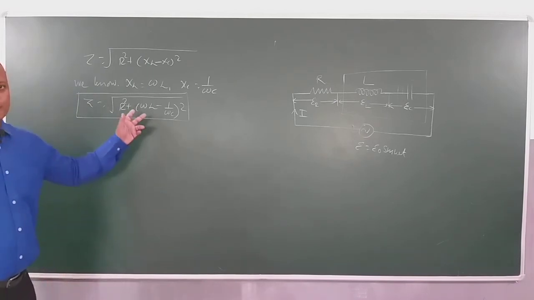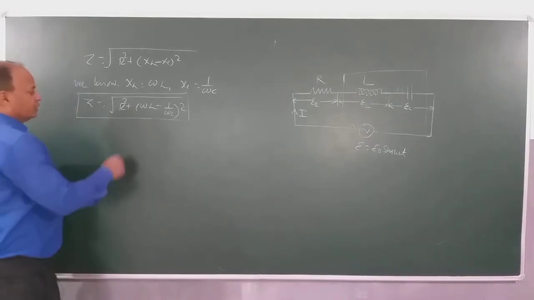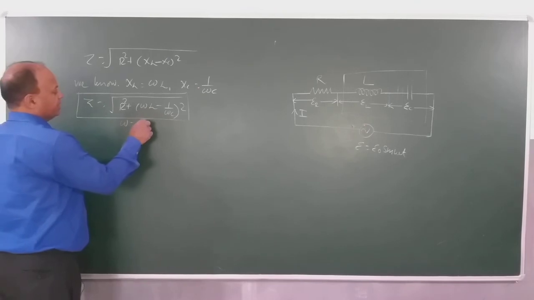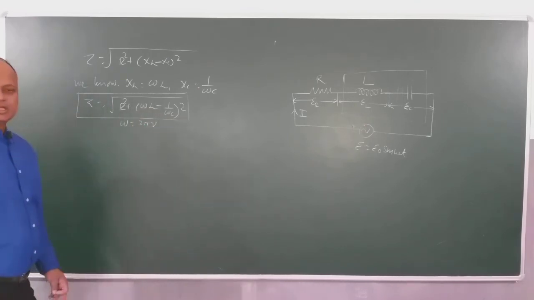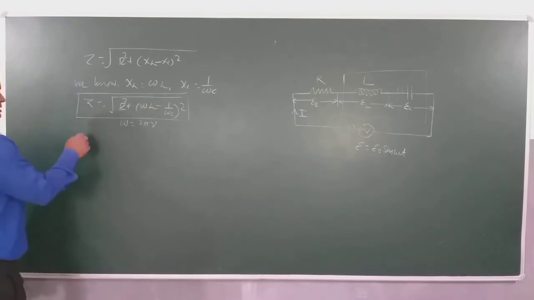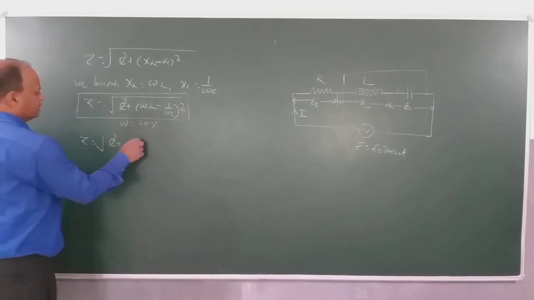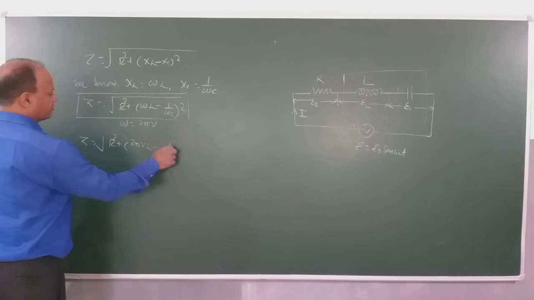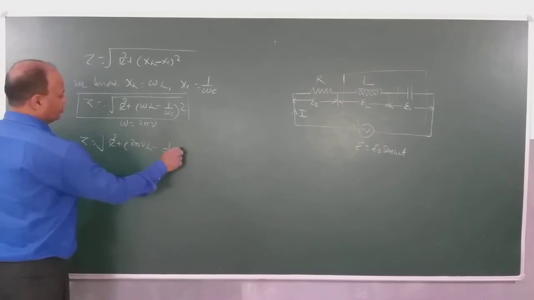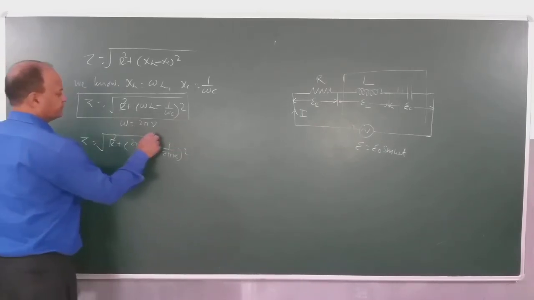If I put the value of omega in terms of frequency, omega is 2 pi nu, where nu is frequency, then we can generate another formula for impedance: Z equals root over R square plus 2 pi nu L minus 1 upon 2 pi nu C whole square.